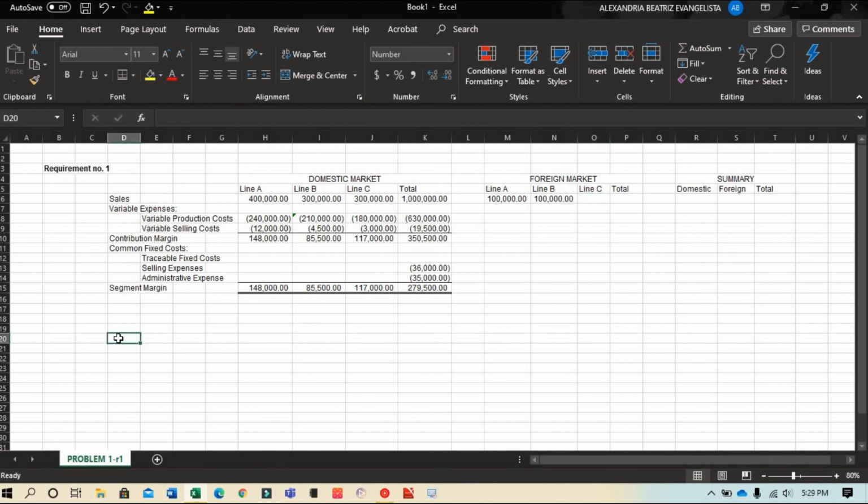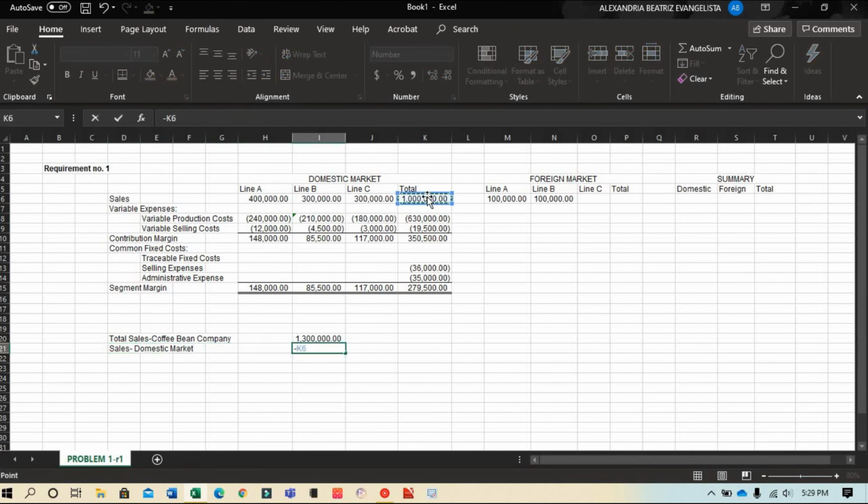So based on the income statement that was provided in the problem, the total sales for the coffee bean company is 1,300,000. And since we have already completed the segmented report under the domestic market, it showed that the total sales in the domestic market is 1 million.